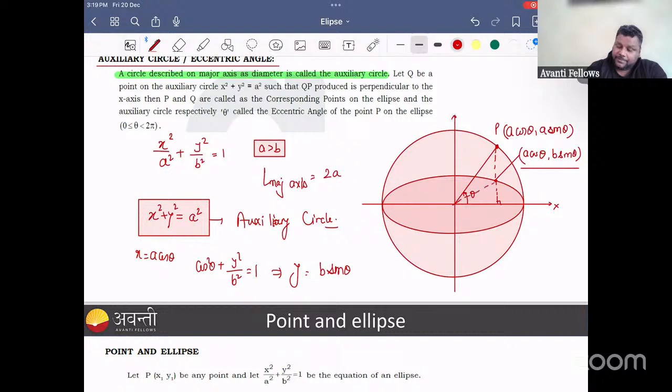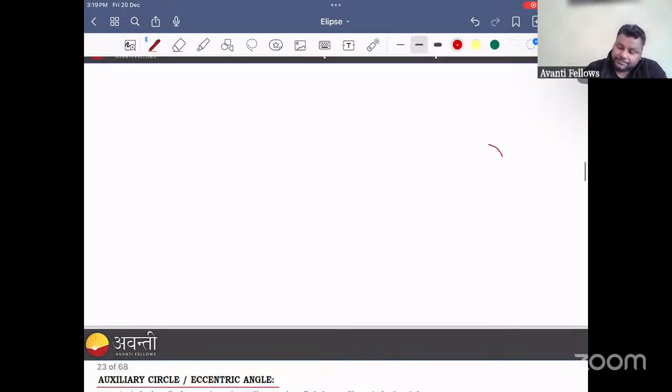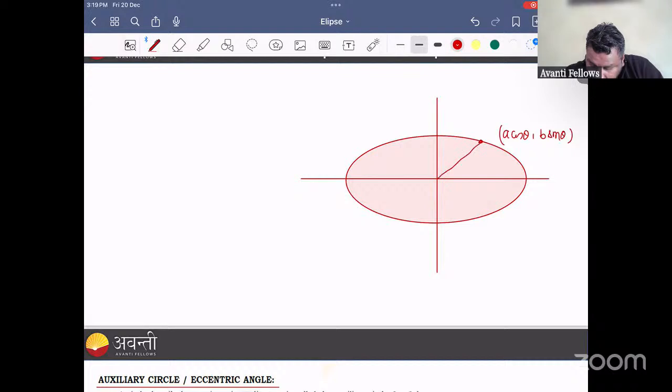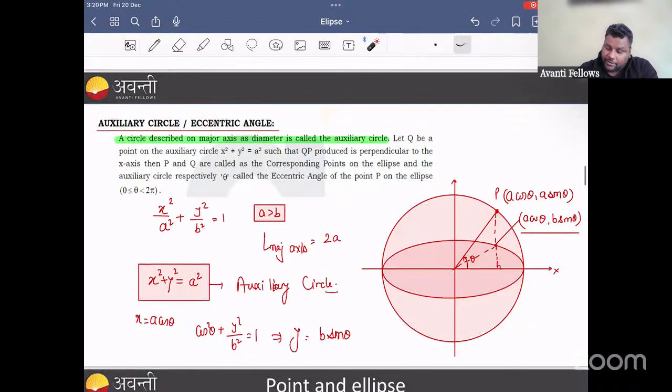See, remember one thing. If this is the ellipse you have, having the major axis as its diameter, and there is a point a cos theta comma b sin theta, then this angle is not theta. Remember this. Theta is which angle? If an ordinate is dropped from this point, wherever it meets the auxiliary circle, this angle is going to be theta.